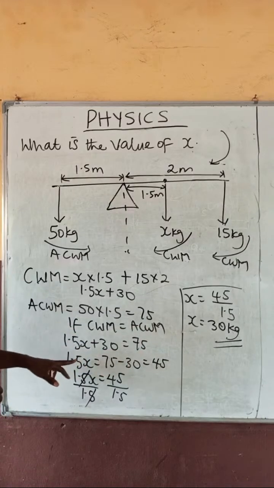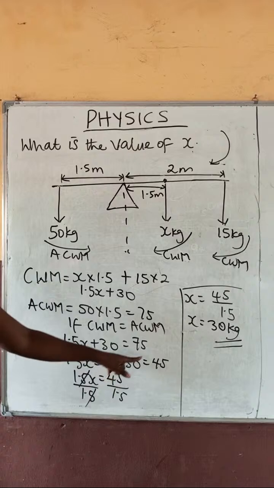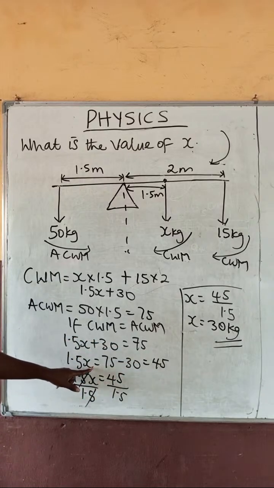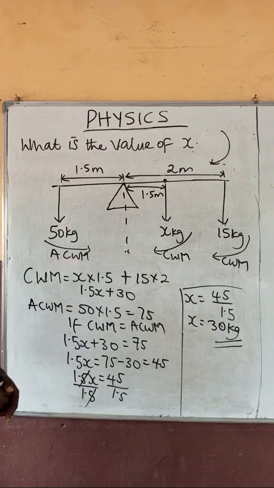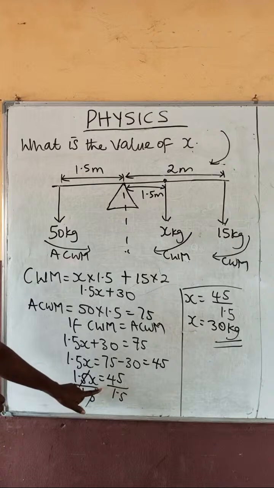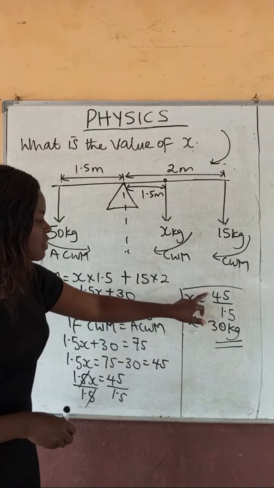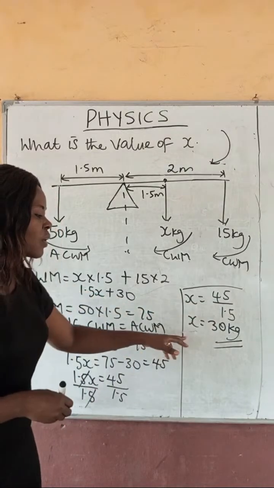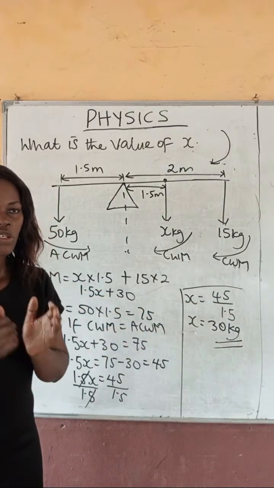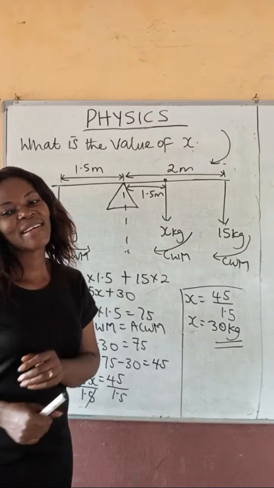Okay, then I'm going to carry this 30 to the other side. So this is 1.5x is equal to 75 minus 30 to give me 45. I divide both sides by 1.5 to get x. So I have x is equal to 45 divided by 1.5 to give me what? 30 kilograms. Do you understand? Right.